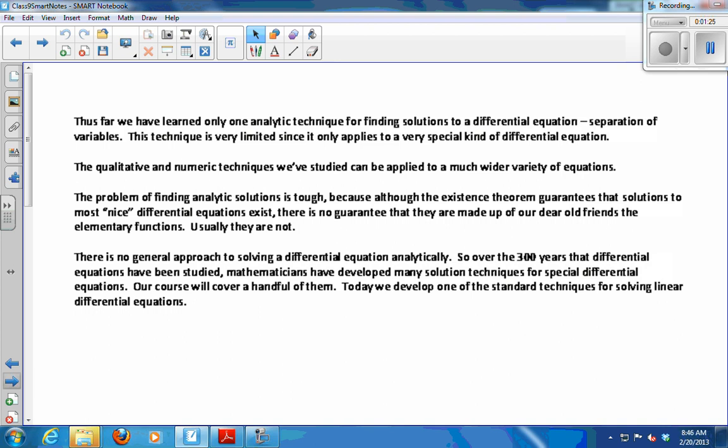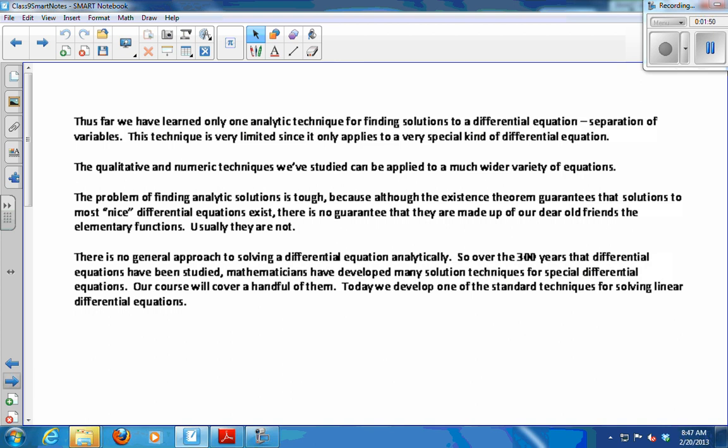Differential equations have been studied for like 300 years. And over that time, mathematicians have developed many solution techniques for different special classes of differential equations. Our course is going to cover a handful of them, some of the more classic ones that give you some insight into how a differential equation works.